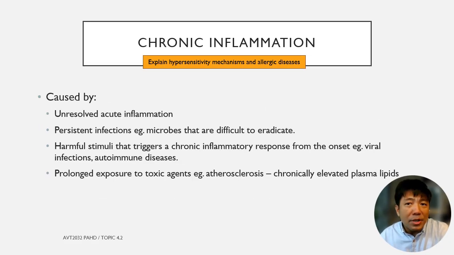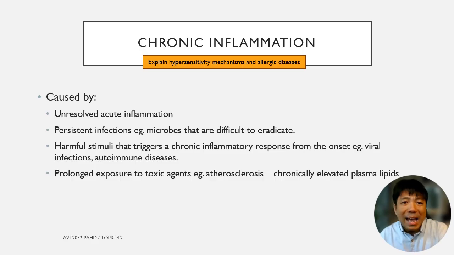The cause of chronic inflammation can result from various factors. Unresolved acute inflammation is one cause, where an initial inflammatory response does not subside or resolve. Persistent infection, such as those caused by viruses or bacteria that are hard to eliminate, can provoke chronic inflammation.